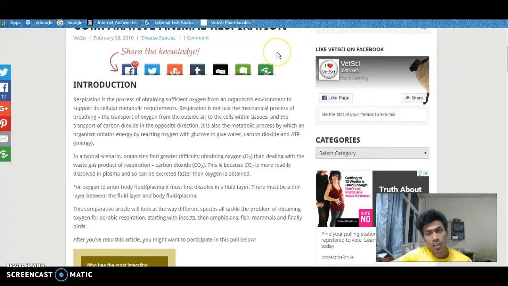Okay, so how do fish obtain their oxygen? The mechanism is very unique and different from other organisms such as the mammals, amphibian, and reptile.